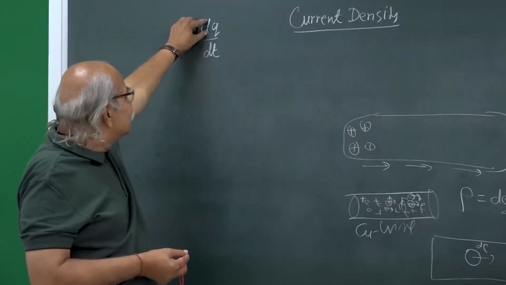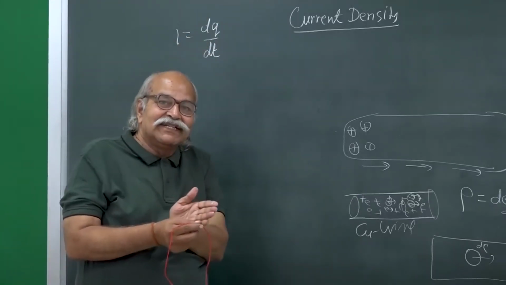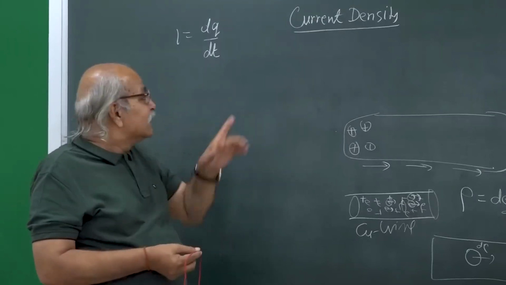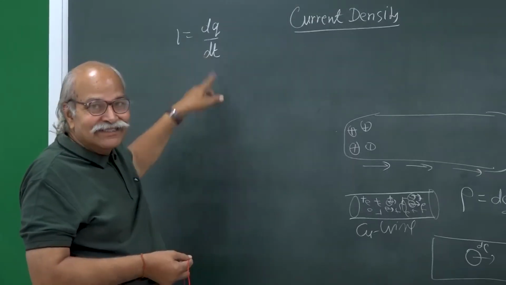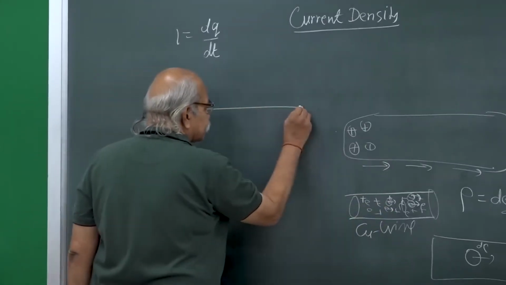So this dq is the charge which goes from one side of the chosen area to the other side in time dt.